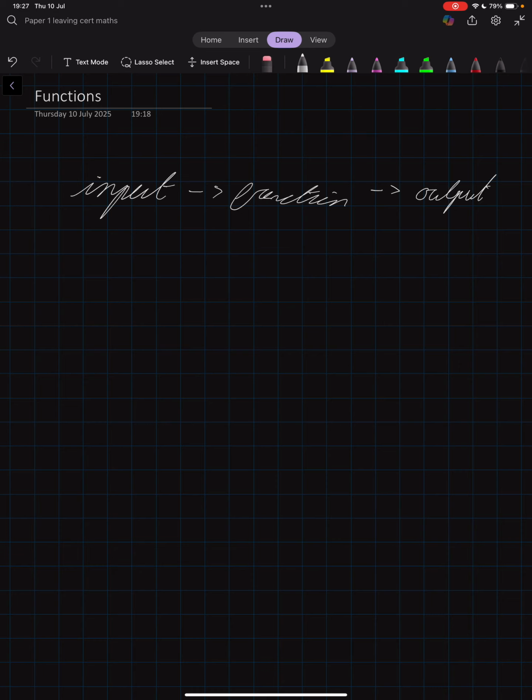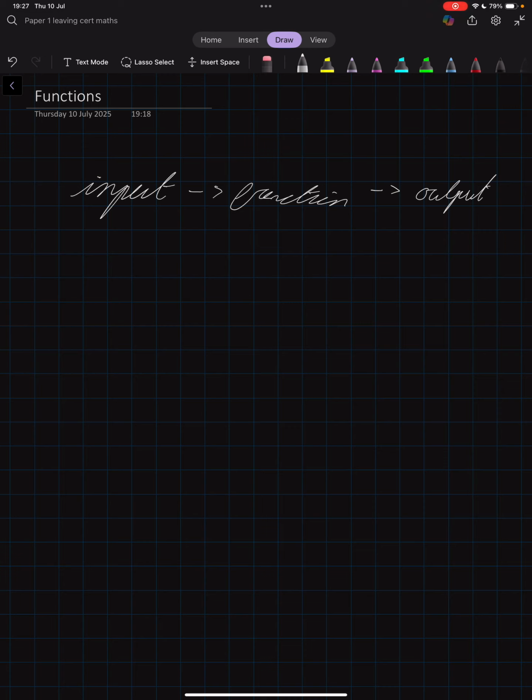Now it's very important that you remember that a function takes in one number and gives out another. That's very specific. It doesn't take two numbers and give out one number. It doesn't take one number and give out two numbers. It takes one number and it gives you another one. That's that.